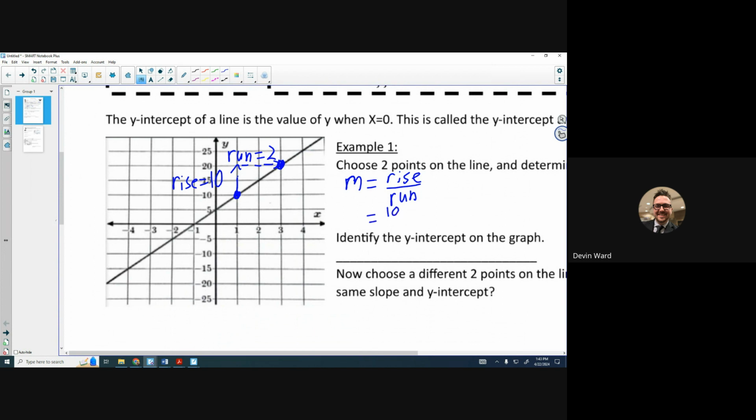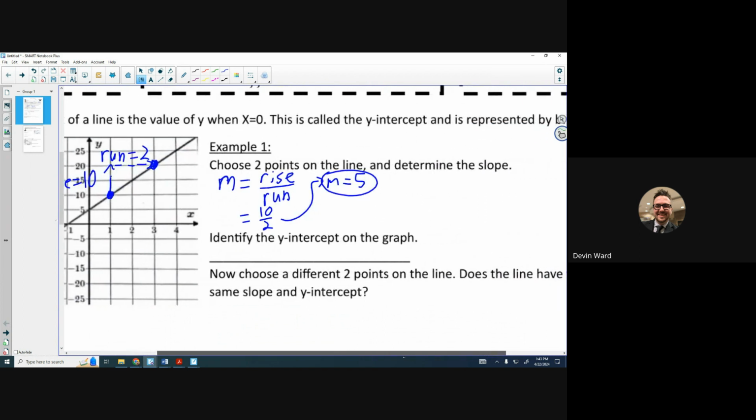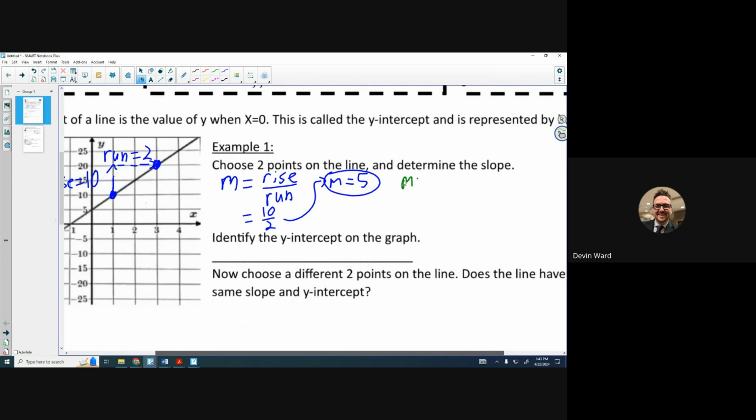So my slope is going to be 10 over 2. My slope is equal to 5. Now, we can do it with rise over run, which is easy on a graph. But we could also do y2 minus y1 all over x2 minus x1.